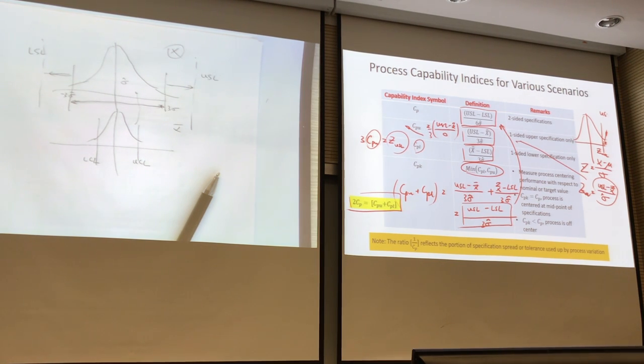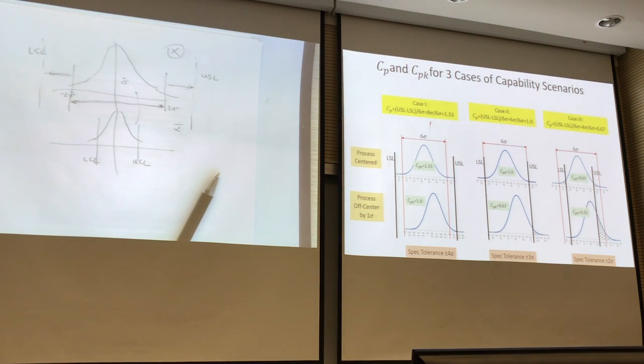But coming back to our process capability and the relationship between specifications and process spread, let's look at some examples. In case 1, we have this process center, and our spec limit is 1 sigma away, with a guard band.